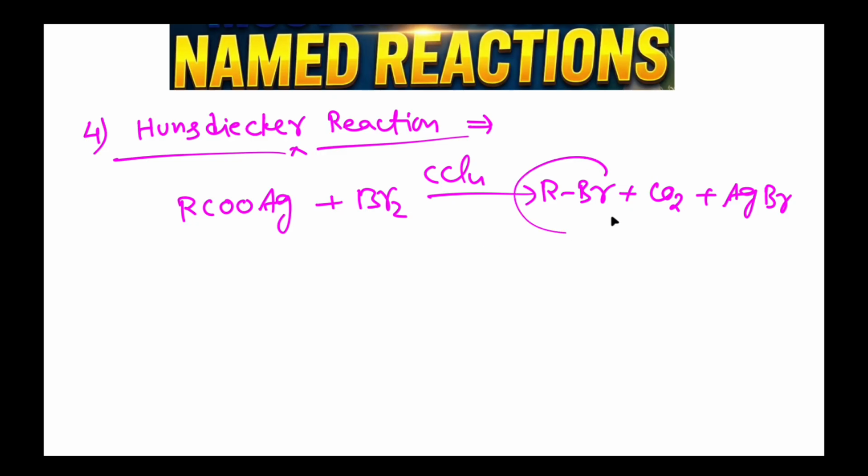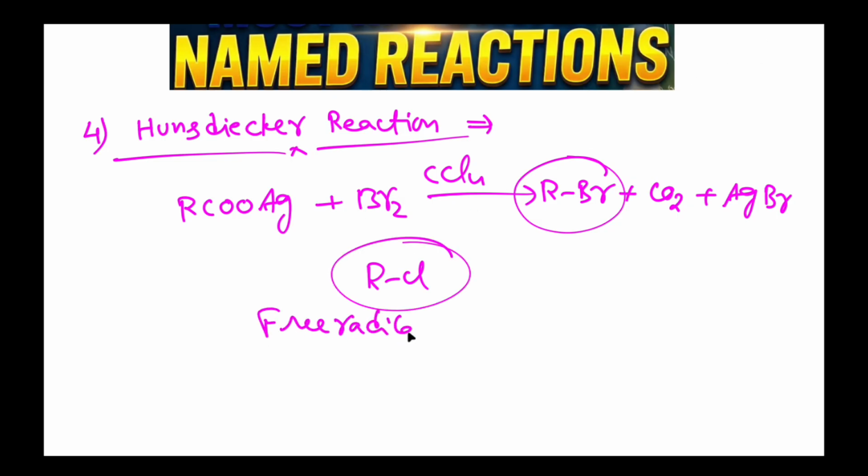In this method, we can get more yield of alkyl bromides compared to alkyl chlorides. This reaction follows a free radical mechanism. So we can get mainly alkyl bromides in the Hunsdiecker reaction. The yield of alkyl bromide is good compared to alkyl chlorides.